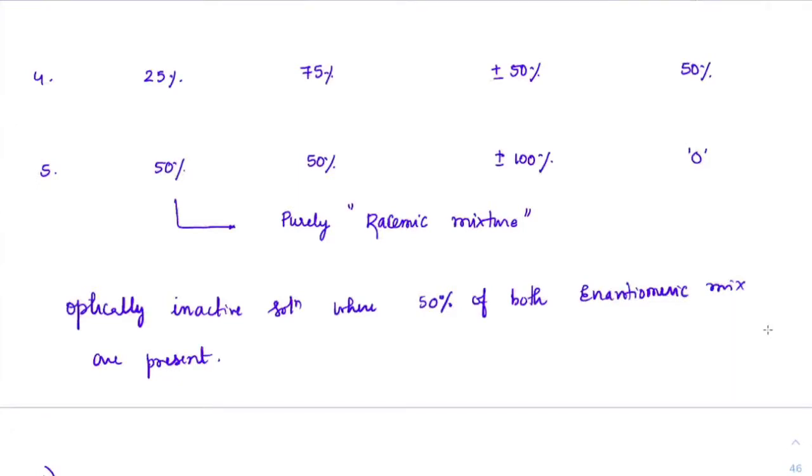And a racemic mixture will always be optically inactive. And why is it inactive? Because 50% will be of one particular enantiomer, and 50% will be of its mirror image. Both will compensate each other in terms of angles, and the overall resultant angle will always come as 0. That's why it is optically inactive.